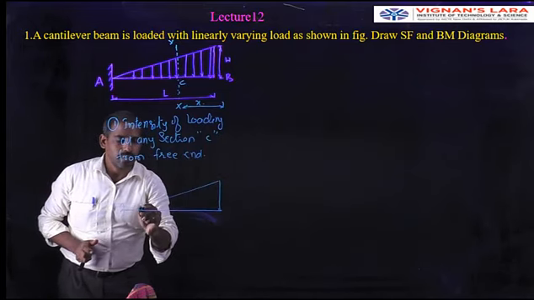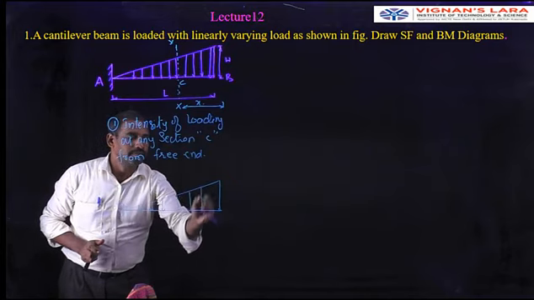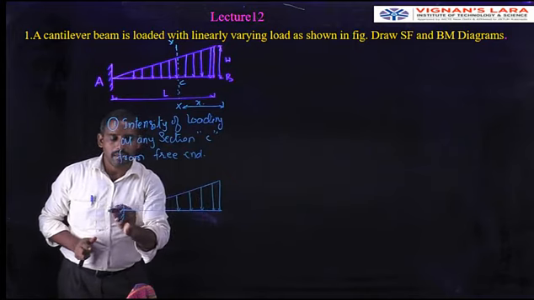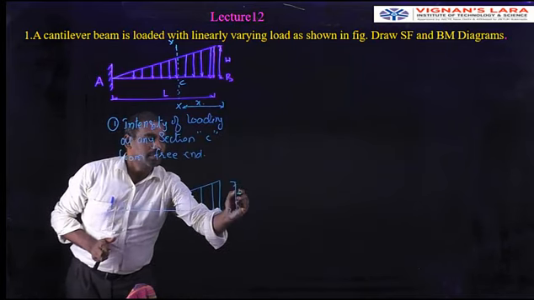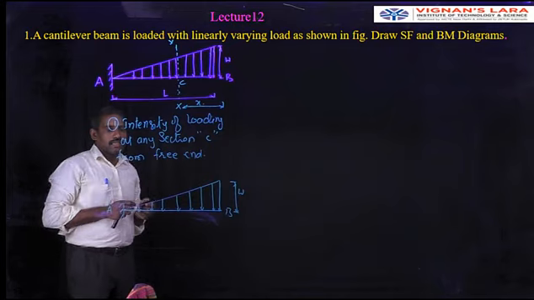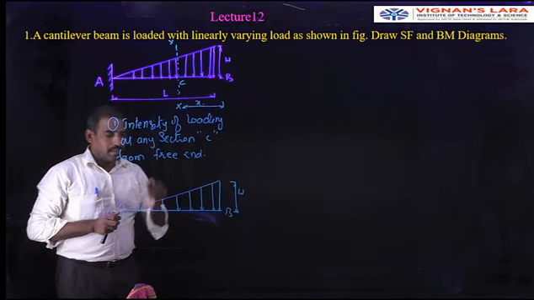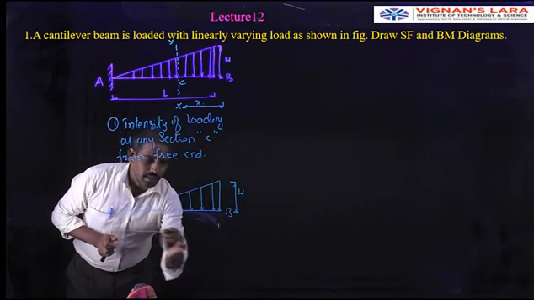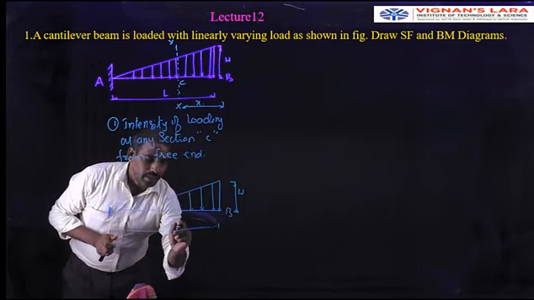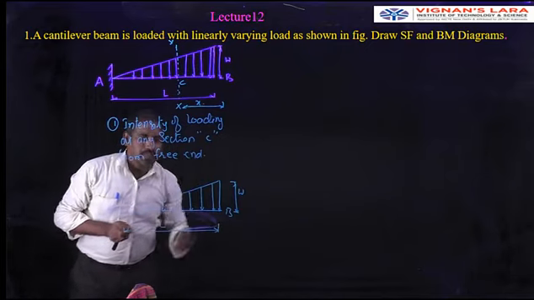The intensity of load increases from the fixed end at A to the free end B, where it is W. As we know, the section is taken at a distance x from the free end. This is the geometry of a triangle of base L. We know that the intensity is W.